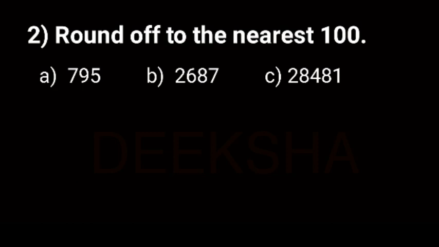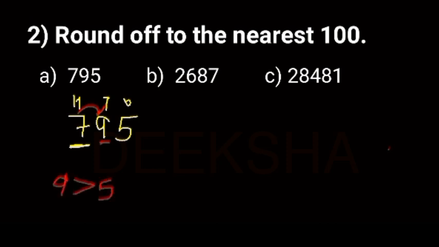Next is round off to the nearest 100. Same as the previous question. We always round off a number in two steps. First, what do we check? We want to round off at the hundreds place. This is the hundreds place. Ones, tens, hundreds. And then which digit will we check? We will check the digit to the right of this, which is 9. 9 is greater than 5.